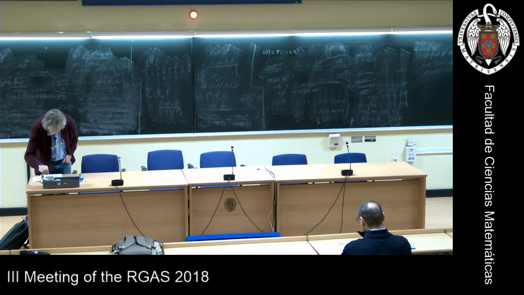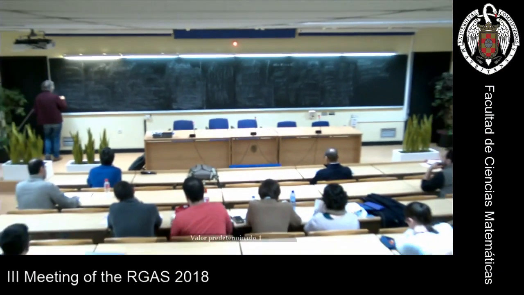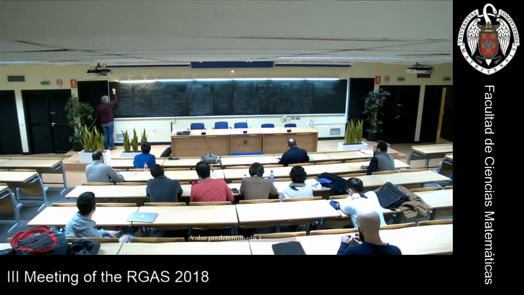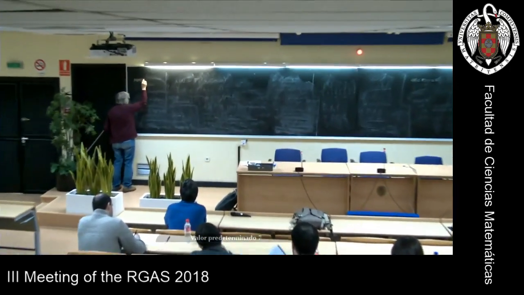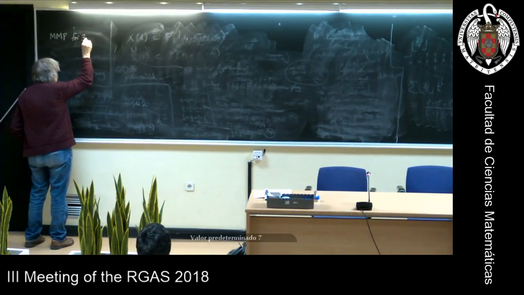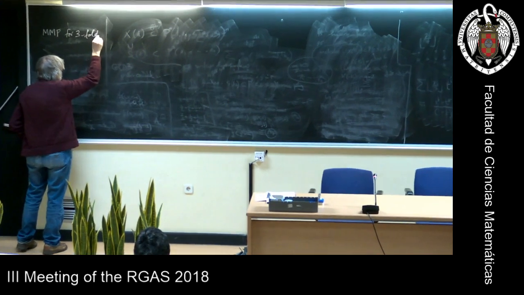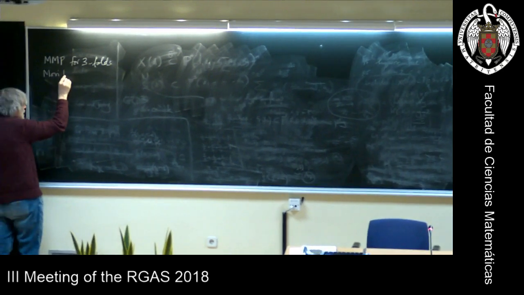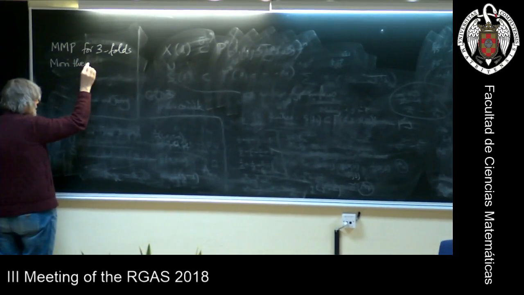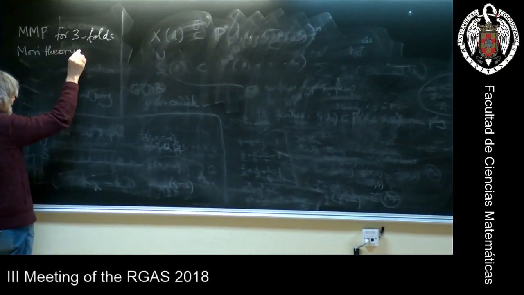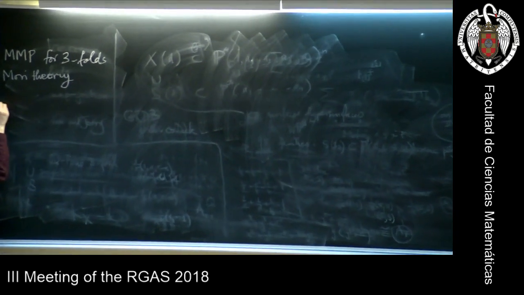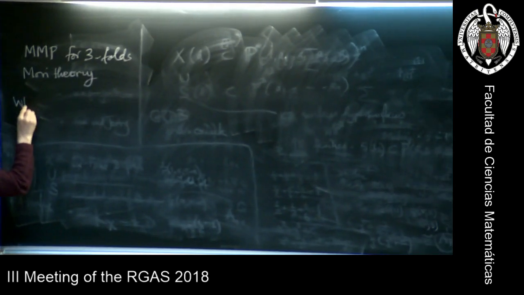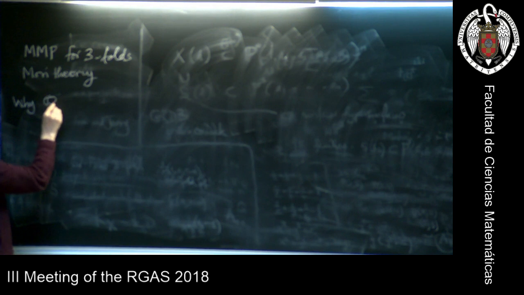Quite a brief run through the minimal model program for threefolds. So this is the Mori theory, and the main reason for giving it is to answer the question: why at Q finite?